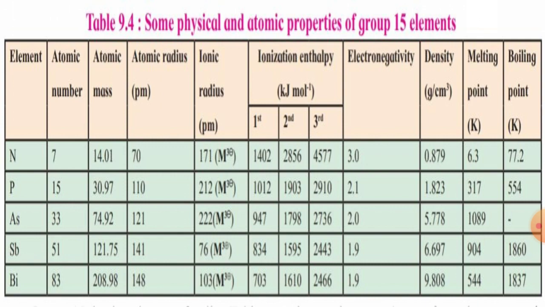As the distance from the nucleus to the outermost shell increases, we can easily remove an electron from an isolated gaseous atom. So atomic radius increases down the group, which is inversely proportional to ionization enthalpy. Hence ionization enthalpy decreases down the group.